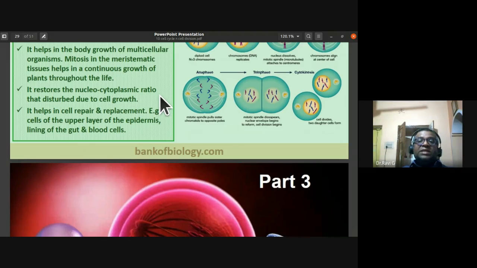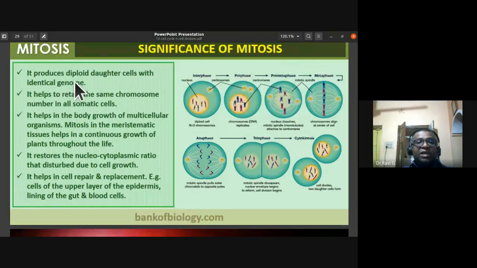Okay, so these are the various significance or importance of mitosis. You have to write all this. It produces diploid daughter cells with identical genome. It helps to retain the same chromosome number in all the somatic cells. It maintains constant ploidy.